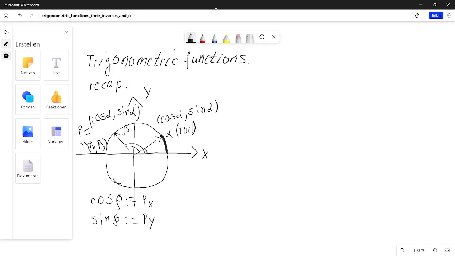Well, and from here, the way to looking at the graphs of the functions cosine and sine is not that far. We just do the following. We consider our unit circle.